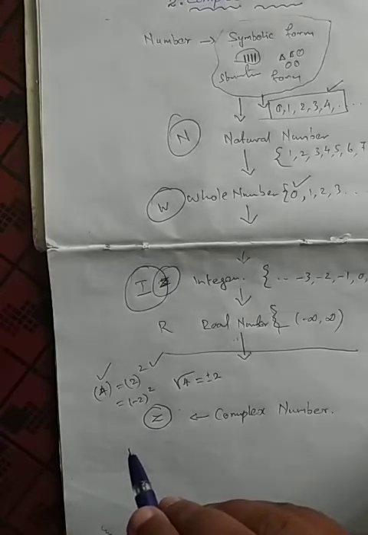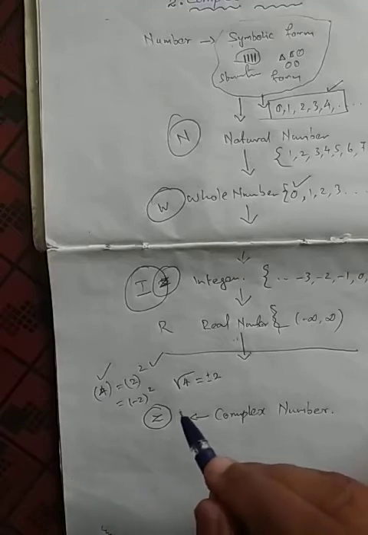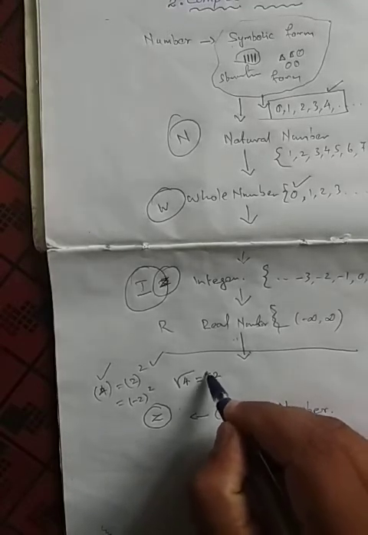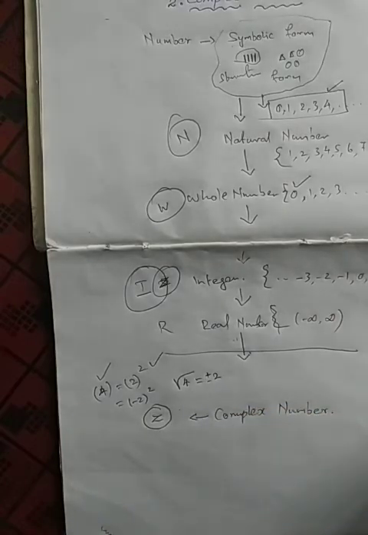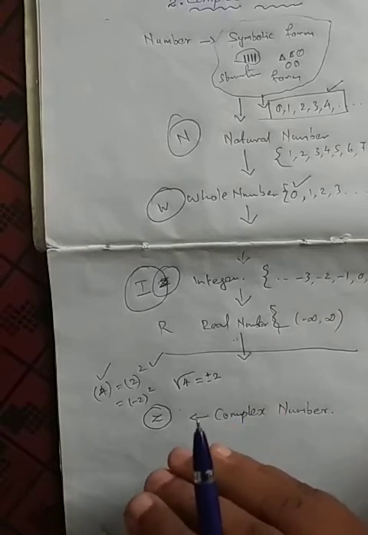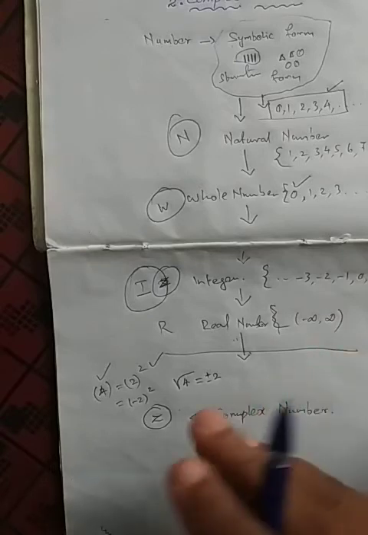We don't know from which it came. So that's why we write the value of the square root of 4 as either plus or minus 2. It may come from plus 2 or minus 2. For that reason we write both possibilities.